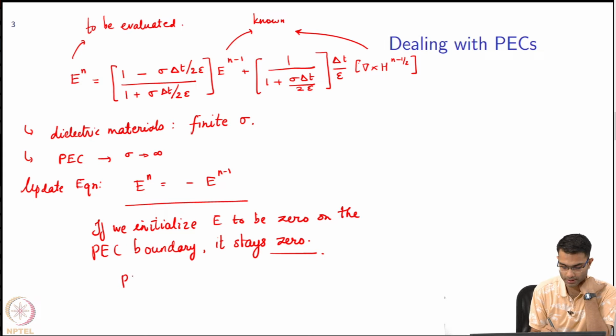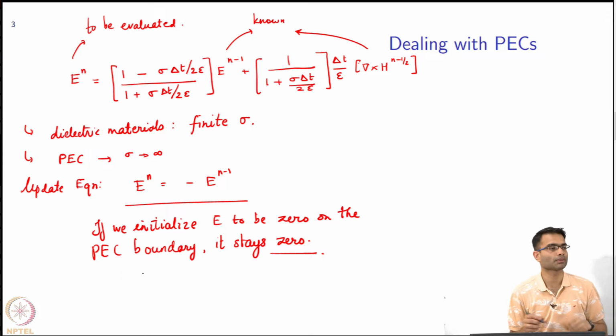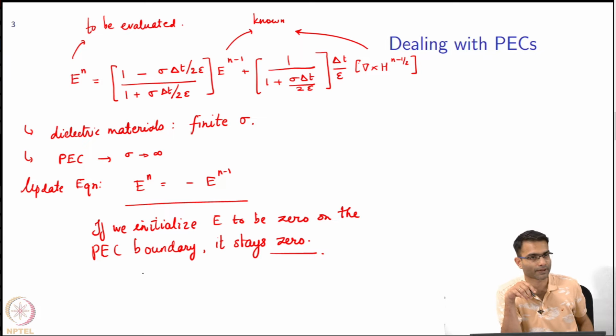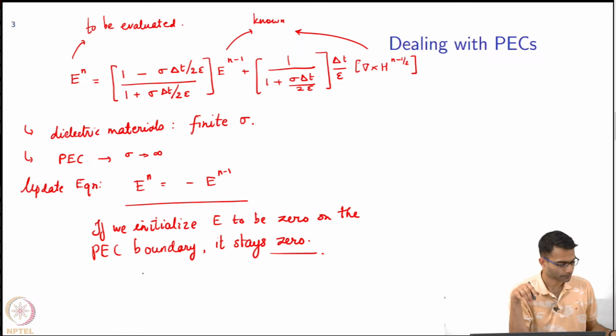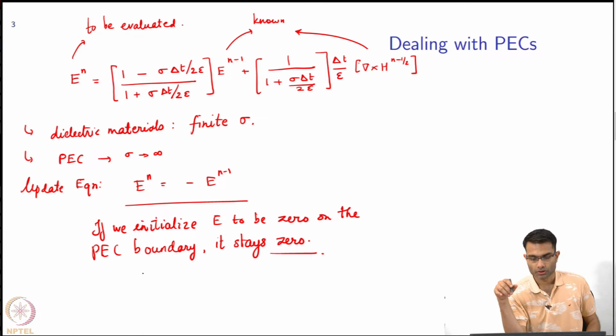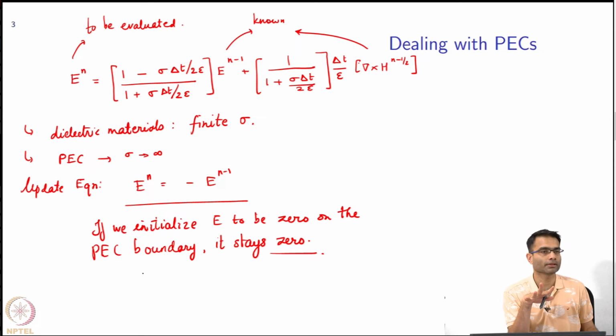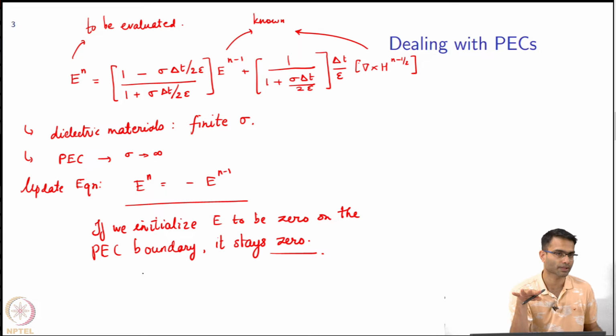So the PEC boundary condition is very trivially being satisfied. What we have looked at are two very simple cases: a dielectric material without loss, and with loss we know what to do, we get an update equation. And PEC is also very simple to do.